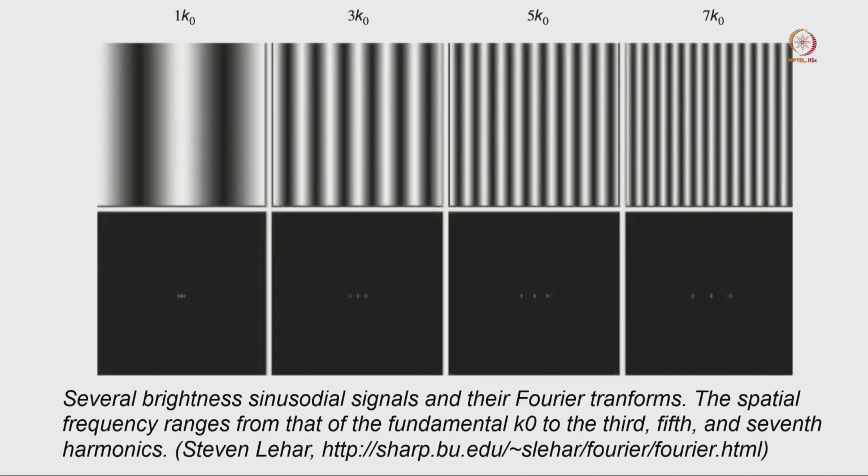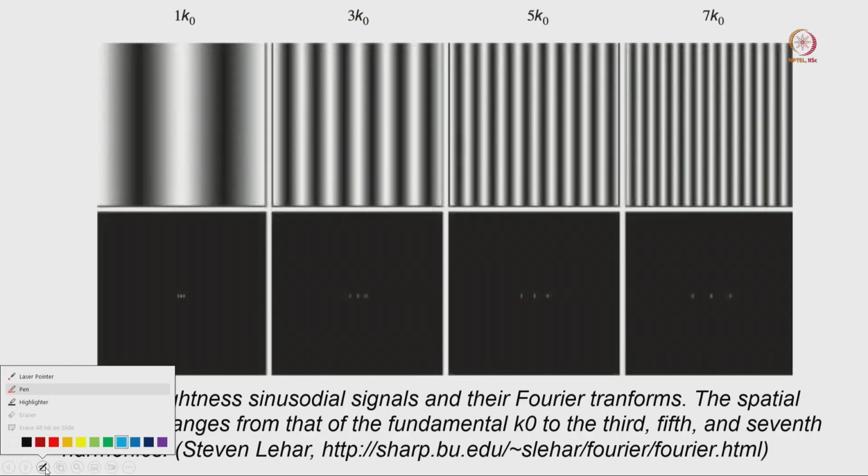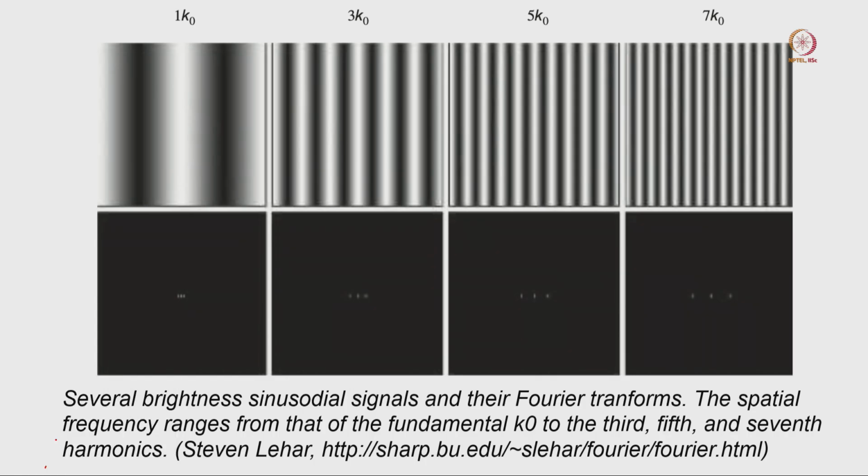Now, let us see how we can actually record those images. If there is any 2-dimensional image, these are 2D images, and these are the diffraction patterns of those images we are recording.